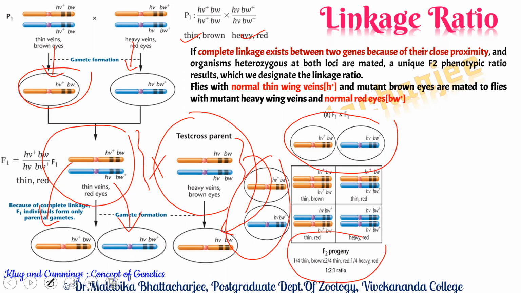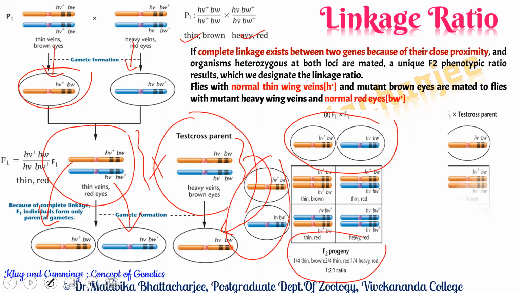It is 1/4 thin wing veins, brown eyes, half thin veins, red eyes. That is the recombinant category, and 1/4 heavy wing veins and red eyes. So the ratio of 1 heavy is to 2 wild type is to 1 brown. This 1:2:1 ratio is a characteristic of complete linkage.